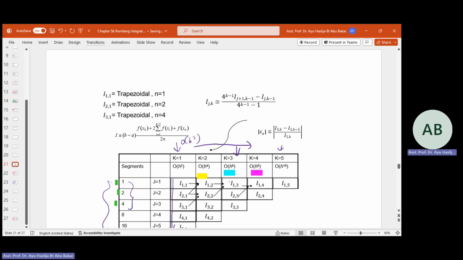Chapter 5, after Romberg, we will go for differentiation. That one will be quite fast, quite easy. Then ODE, ordinary differential equation. That one is a bit complicated, but it is extended from differentiation. So your test will cover up to chapter 5, up to Romberg.